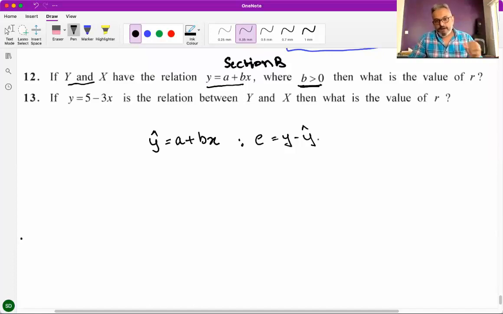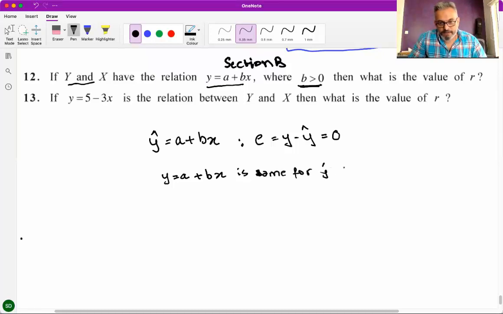Now, whenever the error becomes 0 for all the values of y which are dependent on x, we say that y is equal to a plus bx is the same as y cap is equal to a plus bx.